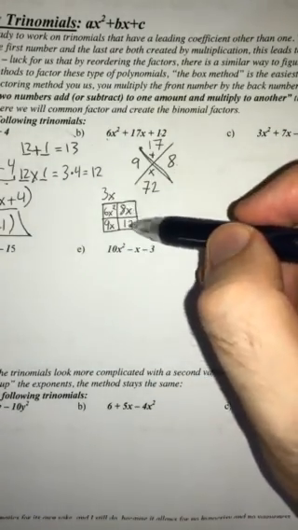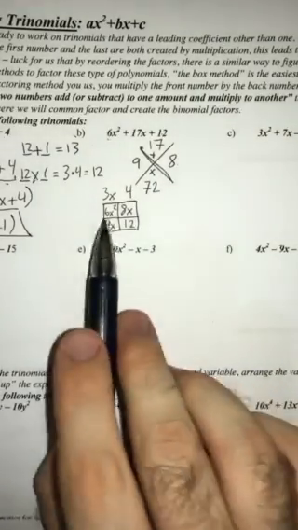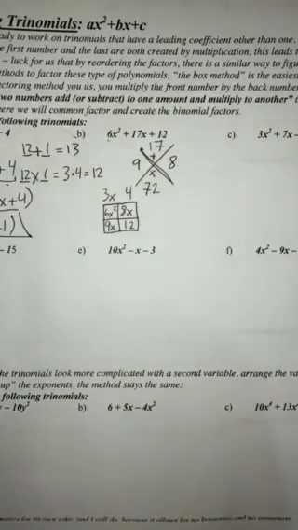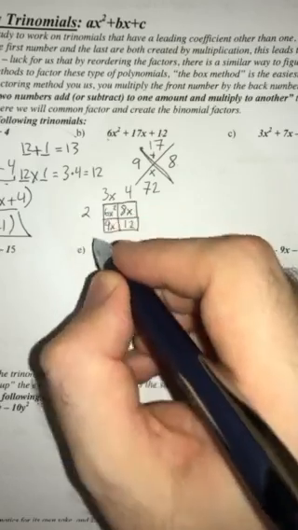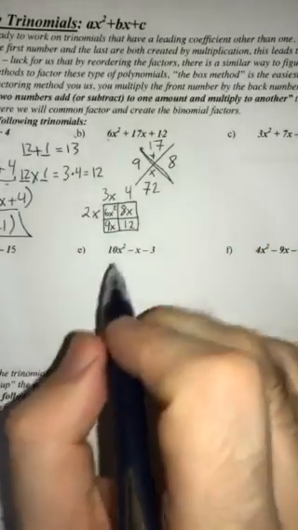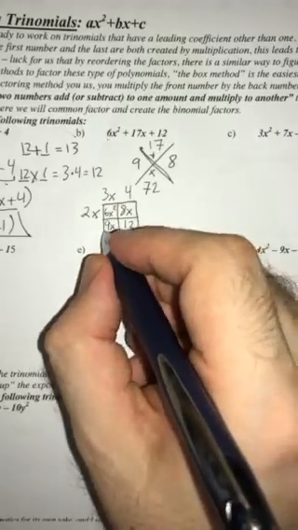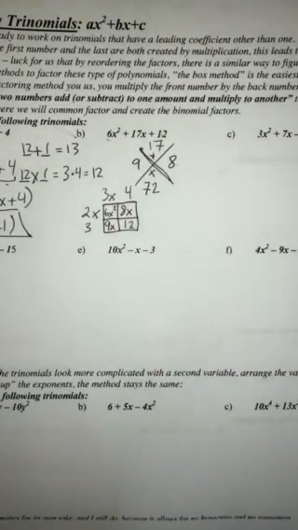Then I'm going to look at the next column, 8 and 12, so I can factor out a 4. And I'm going to do the same for the rows. So 6x squared and 8x, what can I factor out? Well, I can factor out a 2, and I can factor out an x. Same on the bottom. What's the common factor between those? So 9 and 12 can factor out a 3.